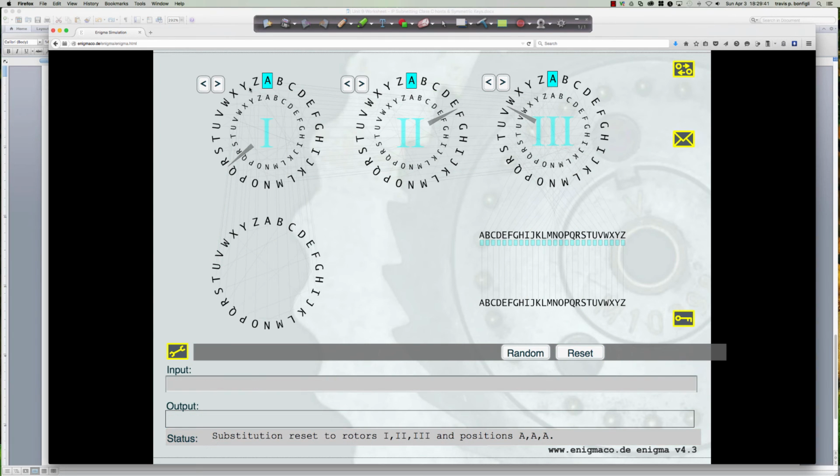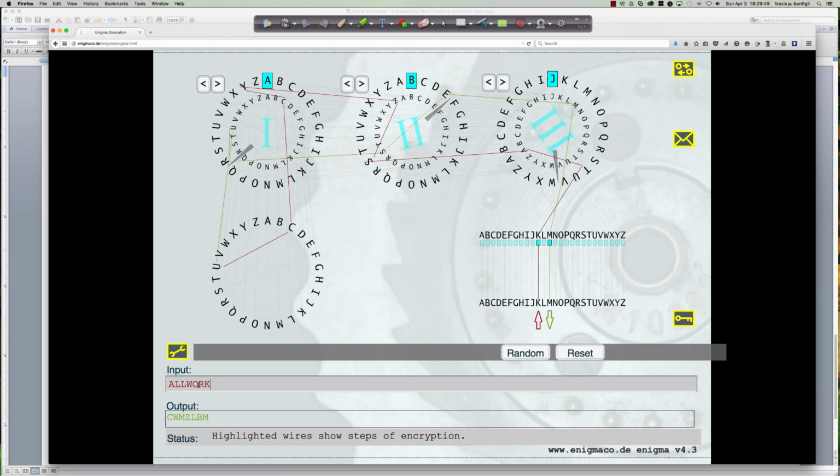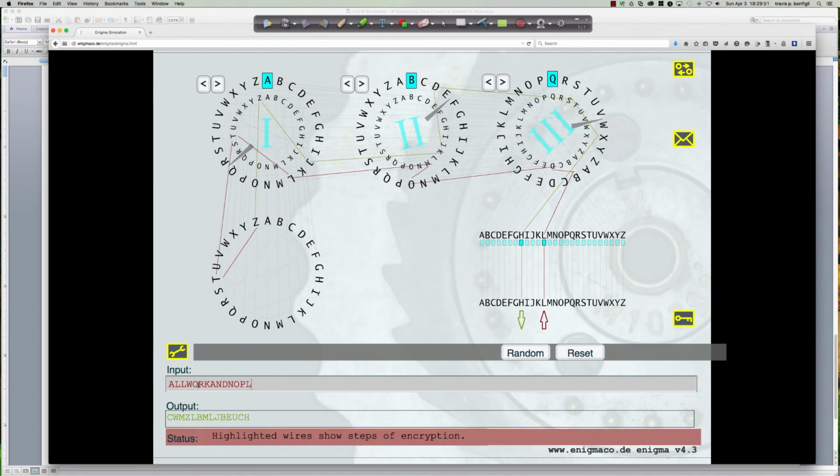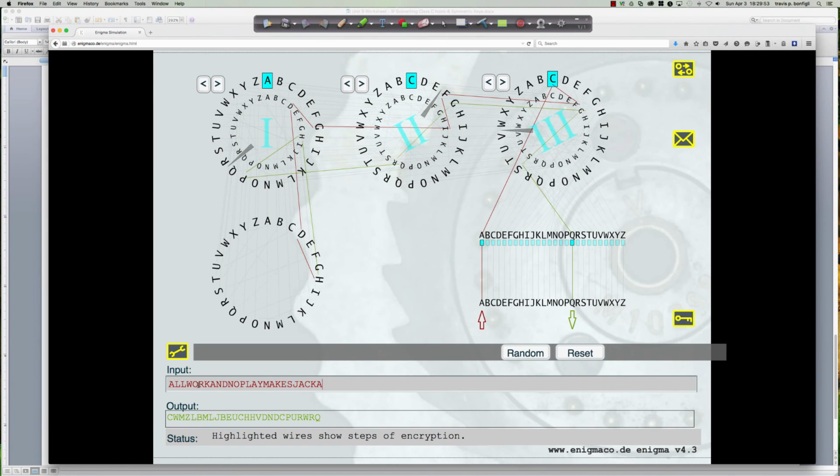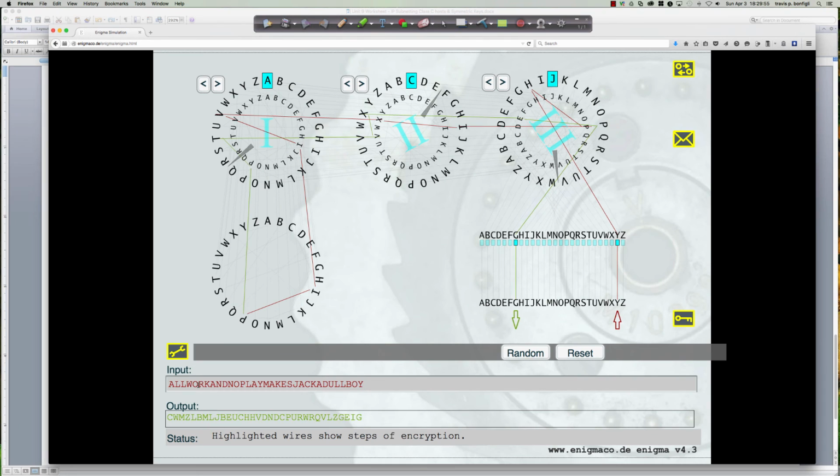If you wanted to, you could create a message, and let's do it again. If we set this to A, B, C, and type in all work and no play makes Jack a dull boy. I'll even throw a period in there. Oh, it won't let me put the period. All right, so all work and no play makes Jack a dull boy, and that was with A, B, and it flipped it to J up there on us.